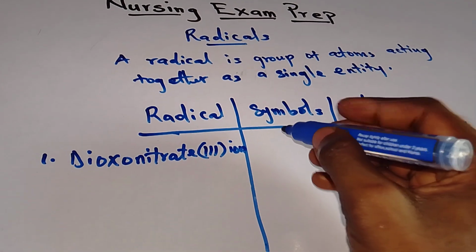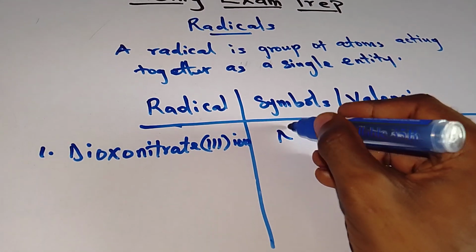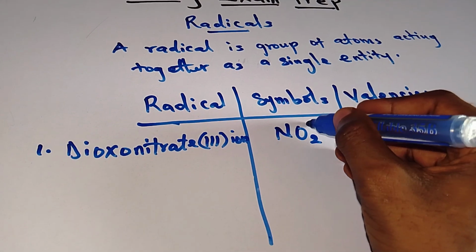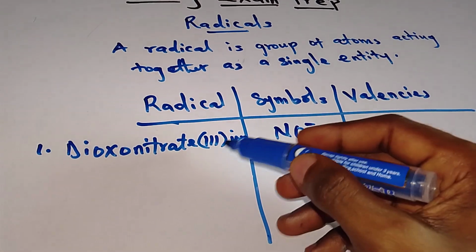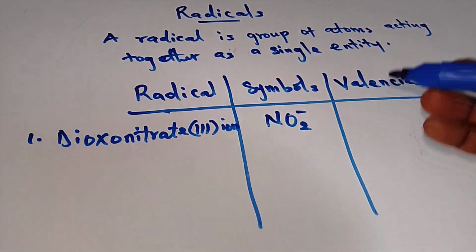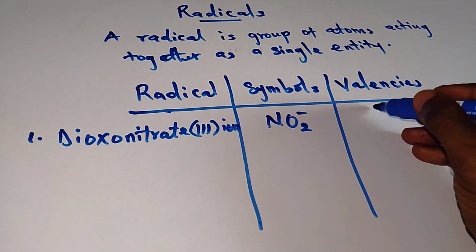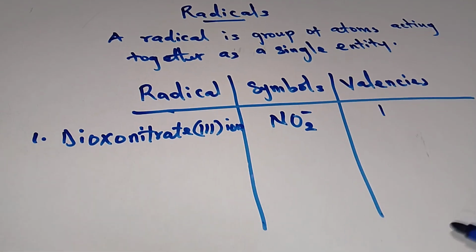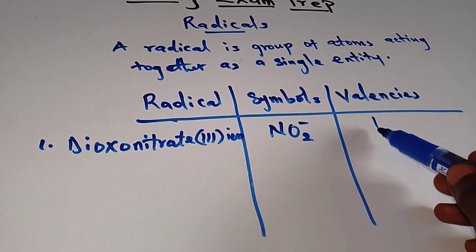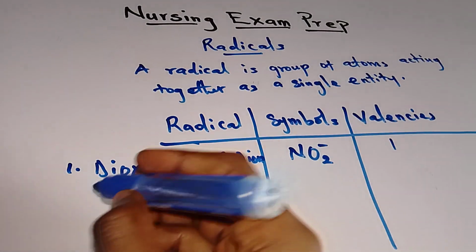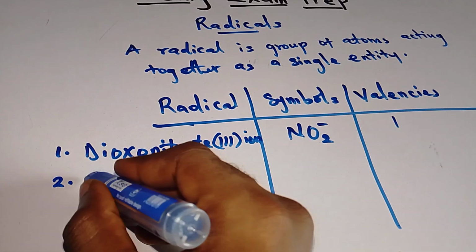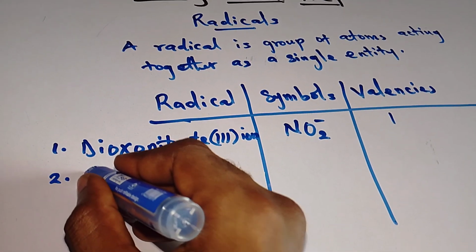The symbol of this radical is NO2-. It is an ion. An ion has a positive or negative charge. So the valency of this radical is 1. We are going to see how this radical has a valency of 1 later. Then the second radical is trioxonitrate 5 ion.